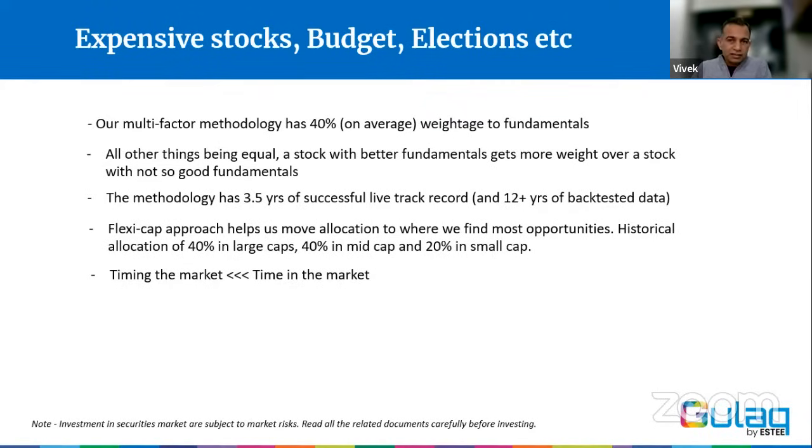This includes fundamentals, technicals, and macro factors. So we are taking a 360-degree view and then picking stocks. When we are talking about high PE stocks, obviously these are very expensive, but momentum is in favor, and we don't really want to exit until the stock has started correcting.